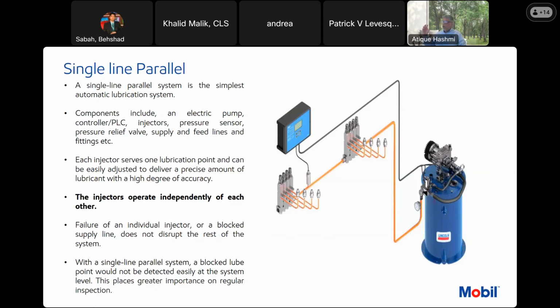Once 2500 psi is reached in the line, the pressure sensor will send a signal to the controller to shut down the pump, and the controller will shut down the pump. This is just sensing the pressure, to make sure that the farthest greasing points are getting enough grease by maintaining the grease pressure.